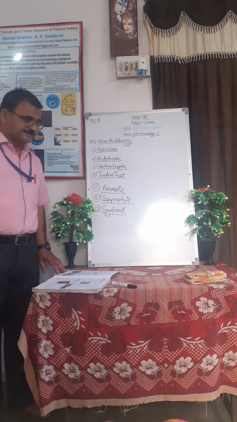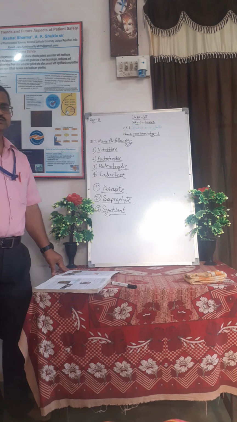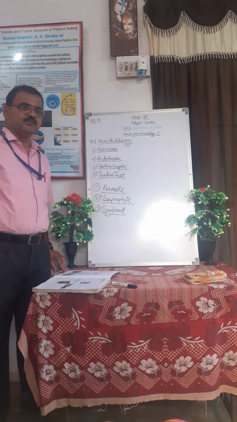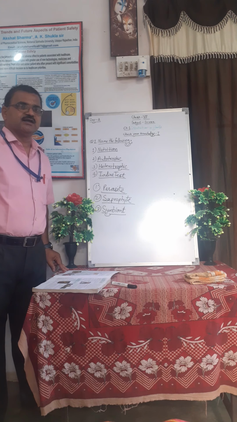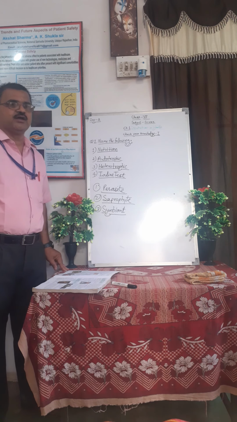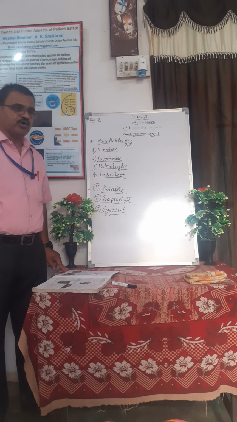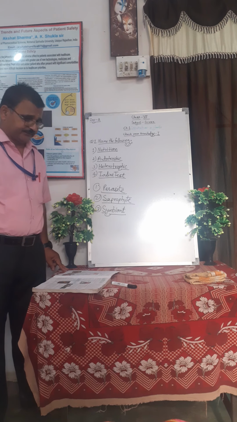Now we want to explain about the saprophyte. You know saprophyte means there are some living organisms which get their food from dead, decaying organic matter. They are known as saprophytic plants.